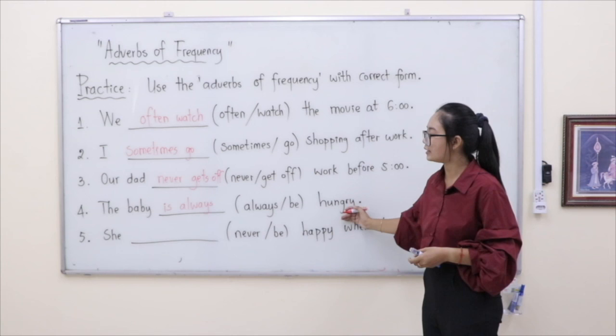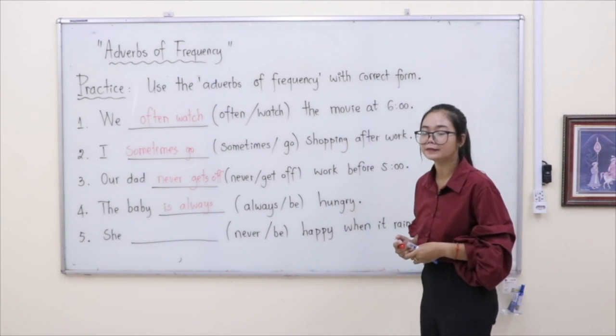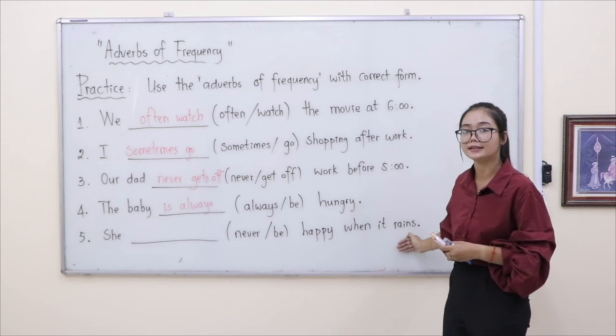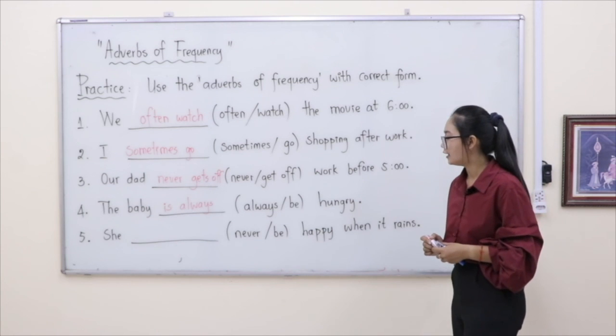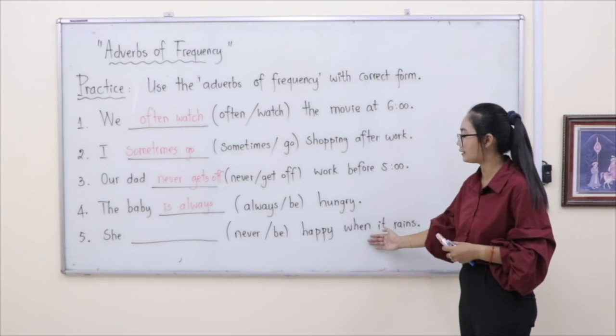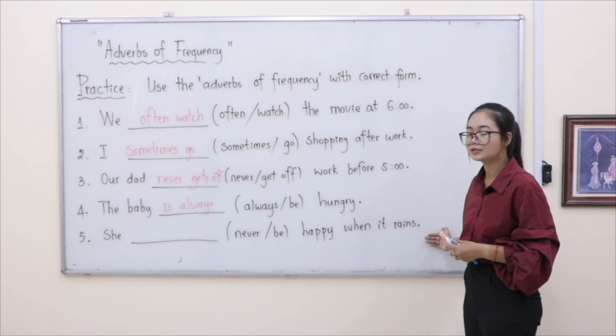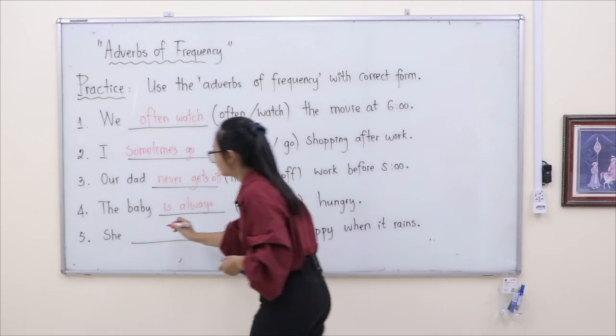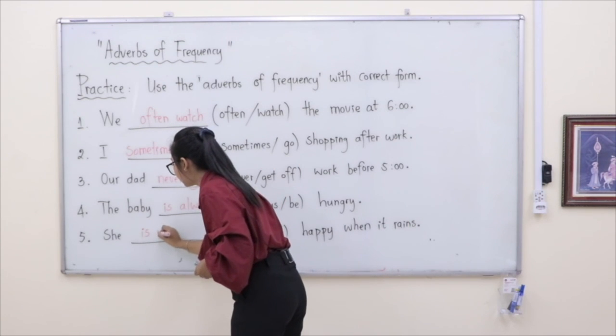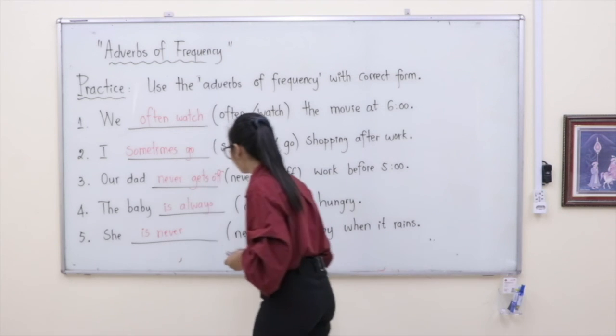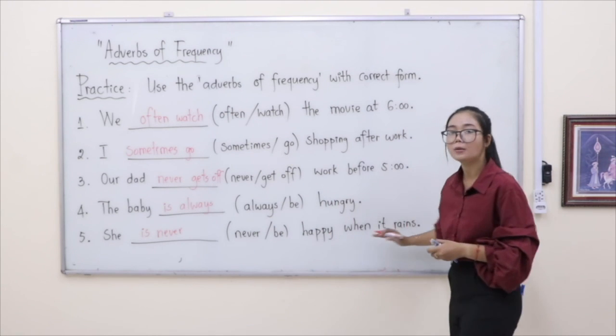So the baby is always hungry. Let's go to the last exercise. She never be happy when it rains. So the answer is, she is never happy when it rains.